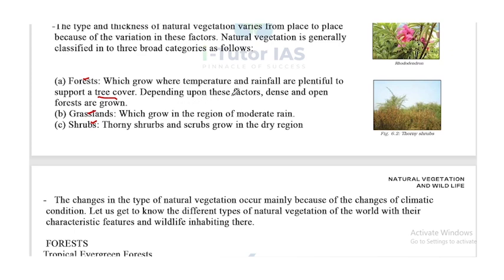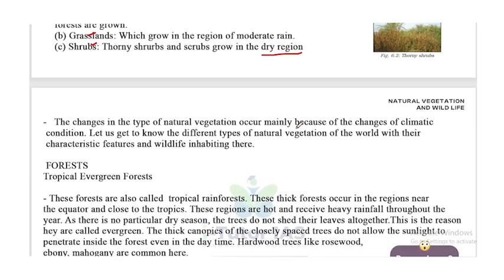Depending upon these factors, dense and open forests are grown. Second one is grassland, which grows in the region of moderate rain. Forests grow in the region of high rainfall, but grassland grows in the region of moderate rain. Now, shrubs. Thorny shrubs and scrubs grow in the dry region. So that is the broad classification of natural vegetation.